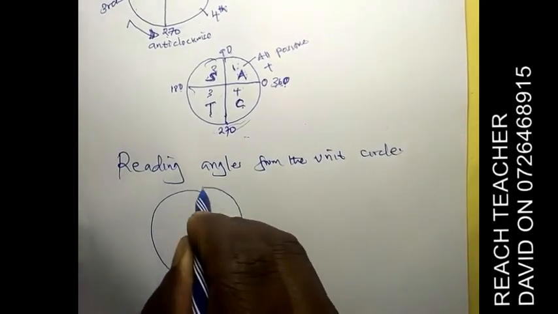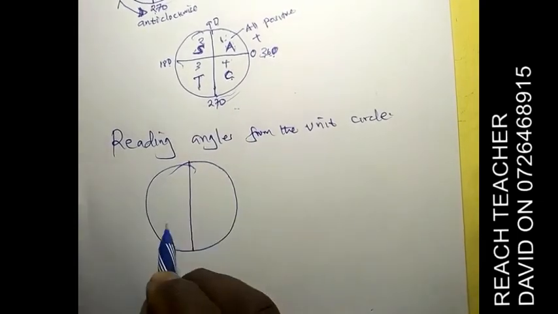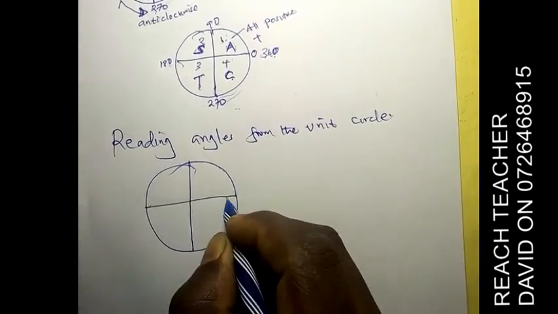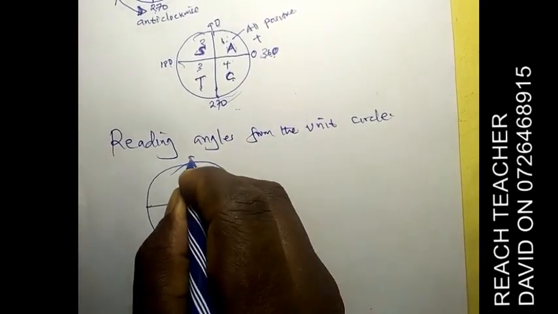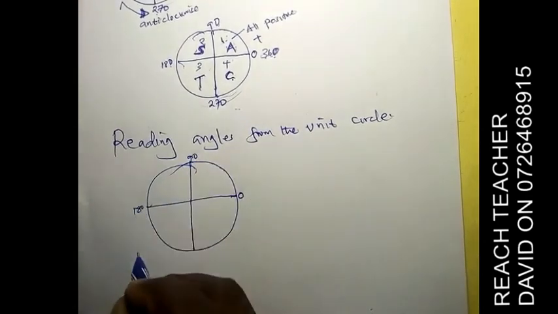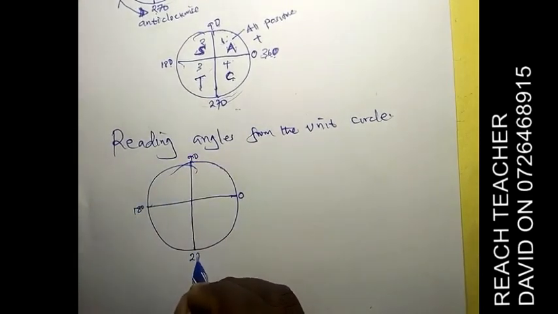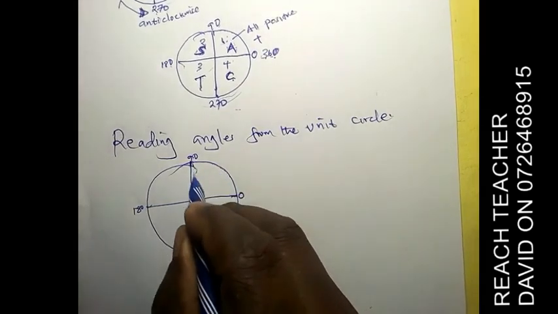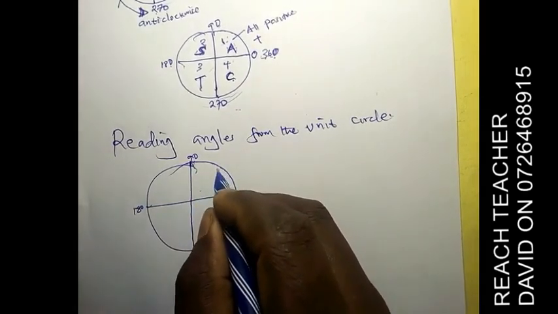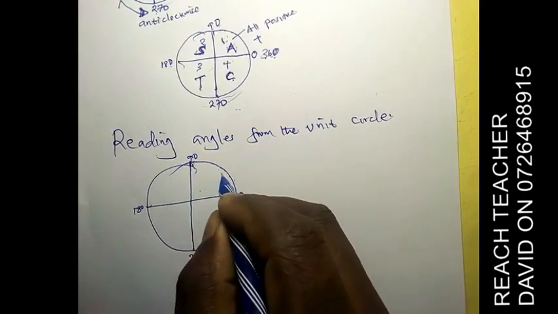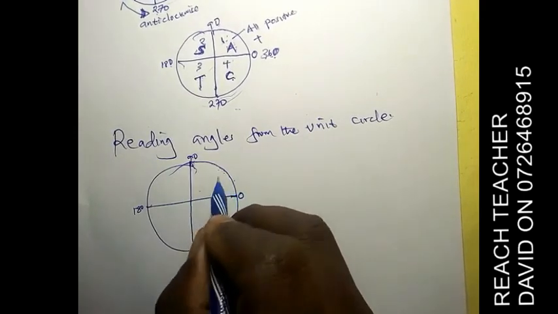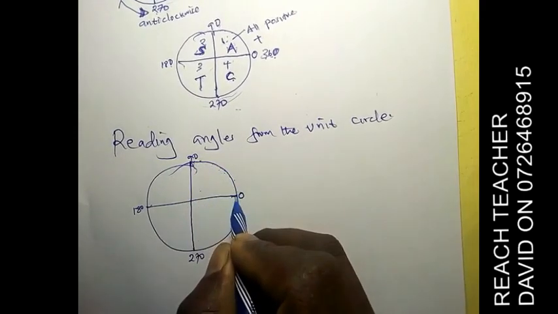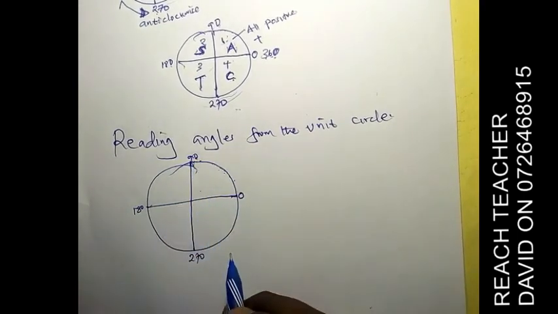I will draw again the unit circle. Like I have said, here is 0, 90, 180, 270. So all angles that can fit in the first quadrant must be 90 or less. So the first quadrant contains only angles that are 90 or less, 0 to 90.